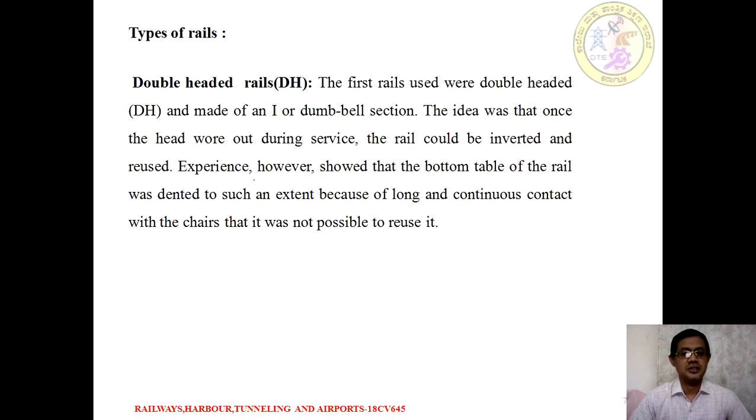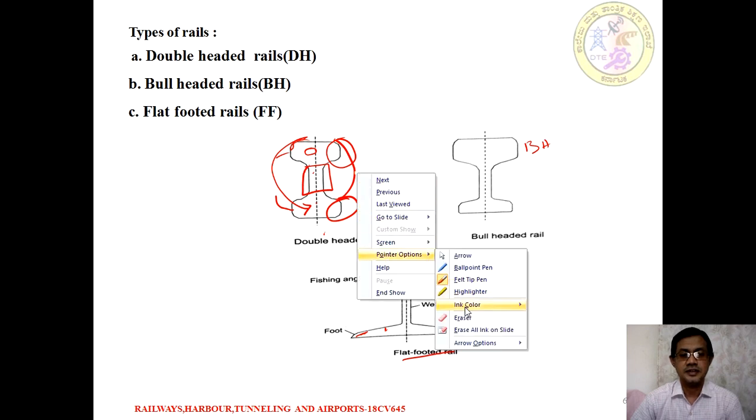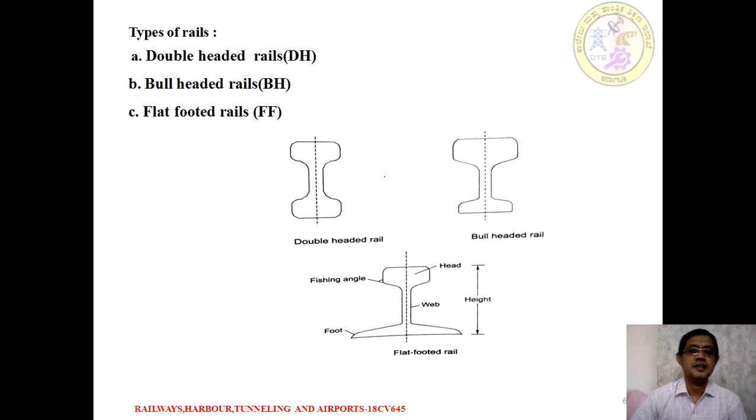Based on experience, the bottom table of the rail was dented because of long and continuous contact with the chairs. Hence the reuse is not possible. Moving to the same image, as we know, the rail sections are placed over the sleeper.